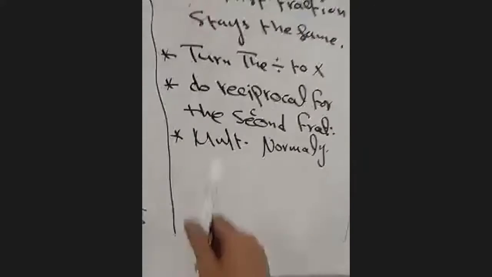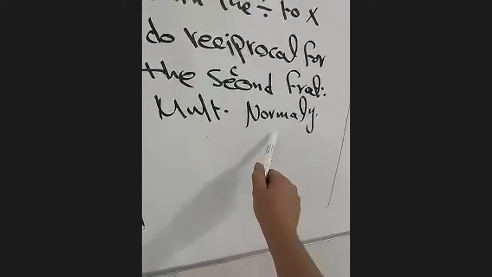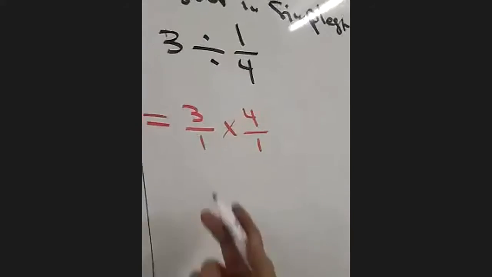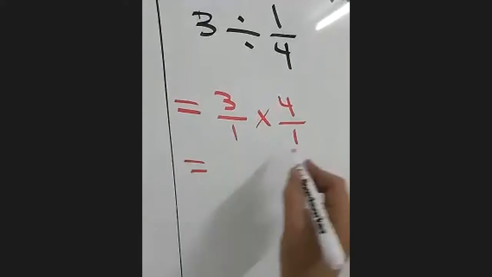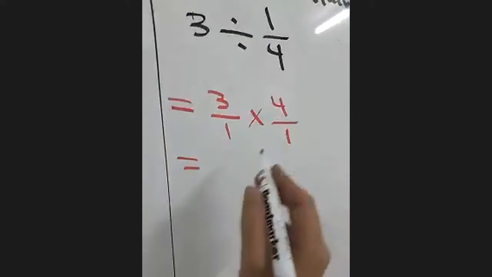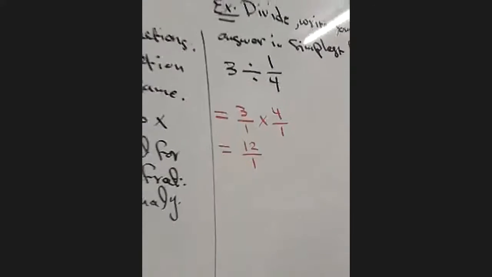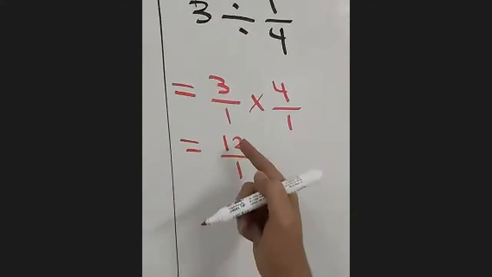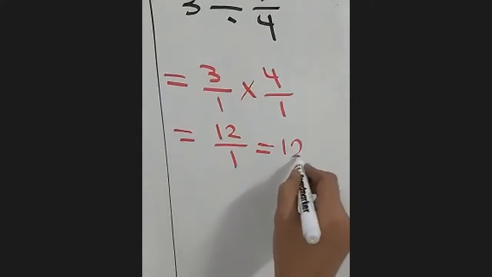Now, the last step, after we do reciprocal, multiply normally, as we did in the previous lesson. We multiply up, multiply down. 3 multiply 4, 12. 1 multiply 1, 1. Now, 12 over 1 means 12 divided by 1, and any number divided by 1 is the same number.